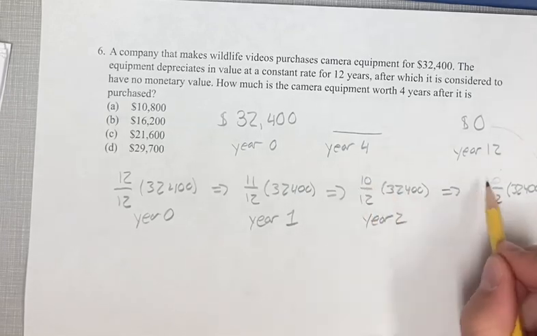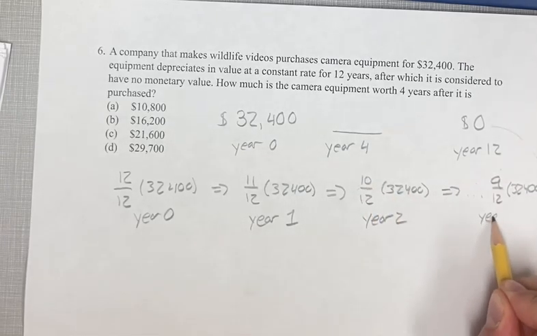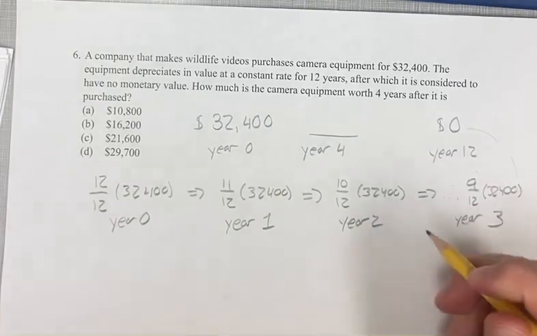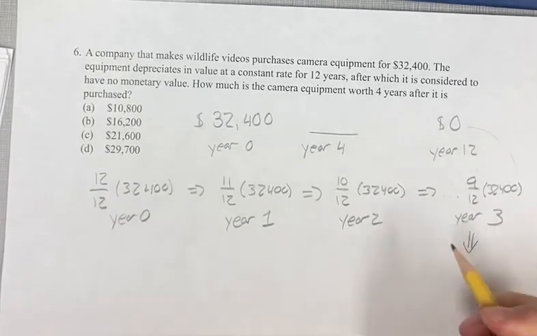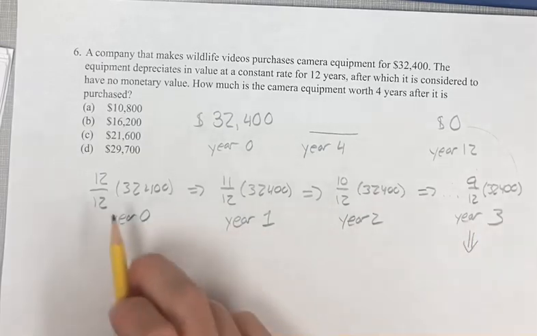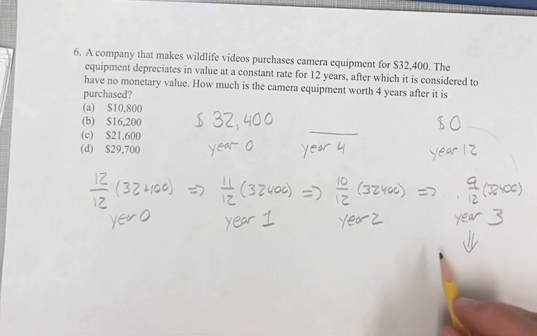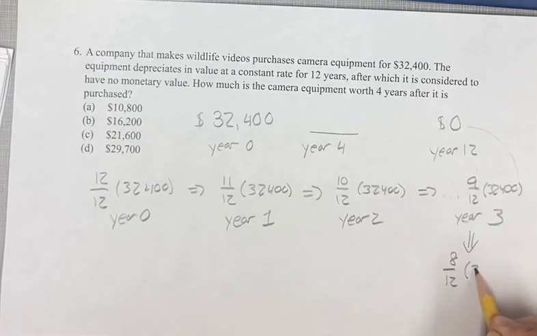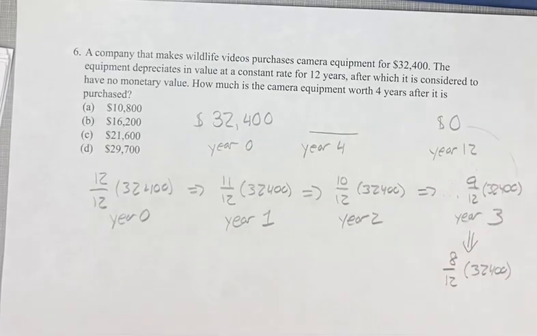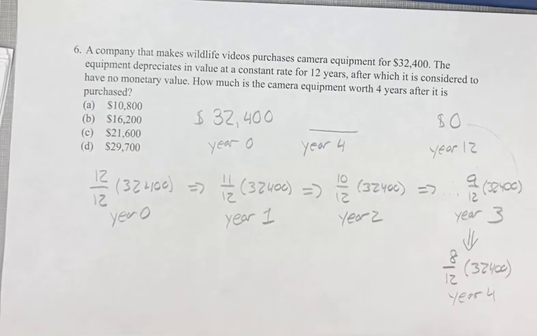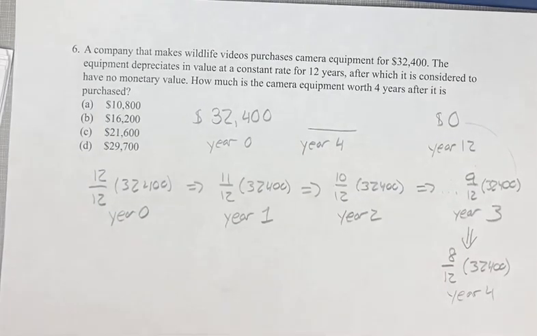Let's go from 10/12 to 9/12 in year 3. Make sure you can see that. And then in year 4, 12/12, 11/12, 10/12, 9/12, 8/12 of 32,400. And then you could see how it goes 7, 6, 5, 4, 3, 2, 1, 0. So in year 4, it was 8/12 of its old value.